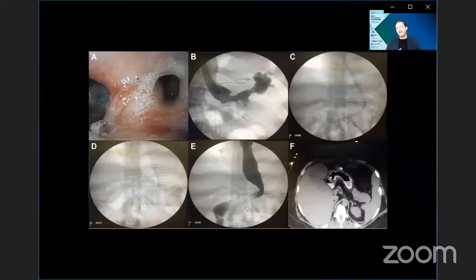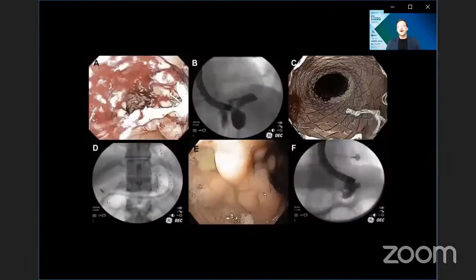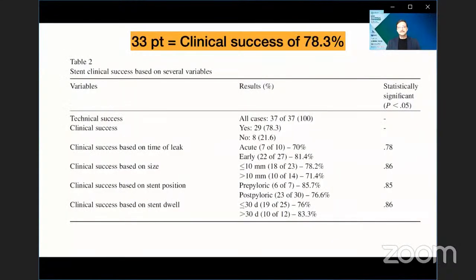Then on B, you see the X-ray, the contrast going outside. Then you see letter C, the stent in place, letter D, the stent open, letter E, that we isolated the leak with the stent. And you can see another case here from A, B, and C where we put the stent and we can correct it. You can see here a clinical success of 78% and it looks very nice.